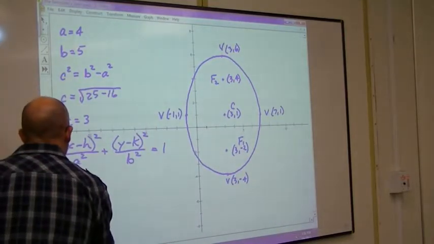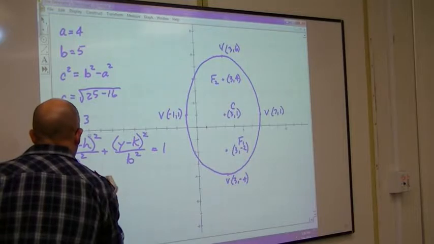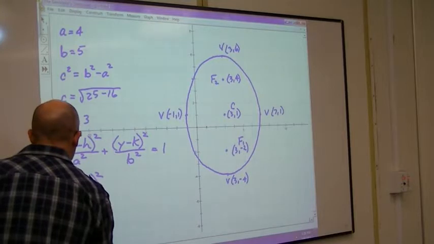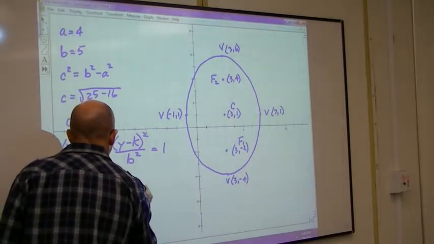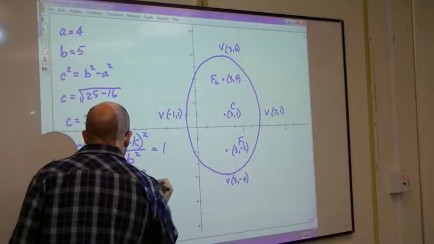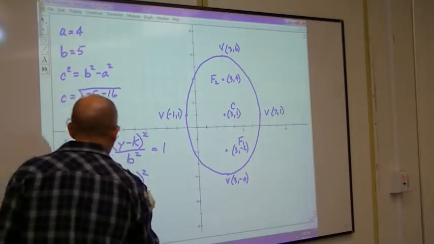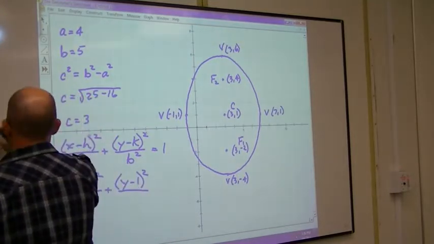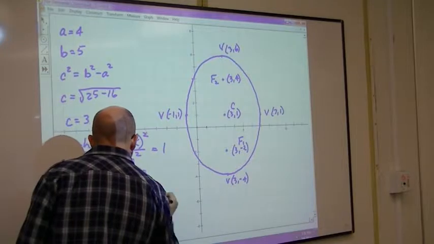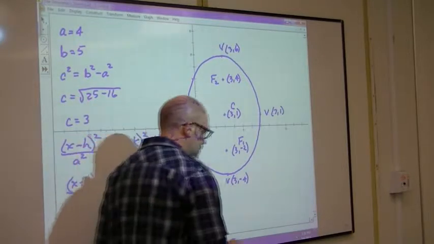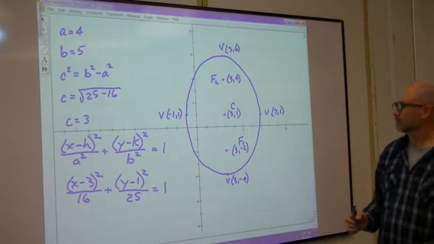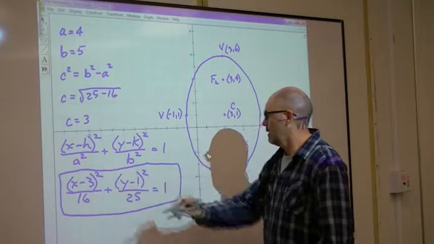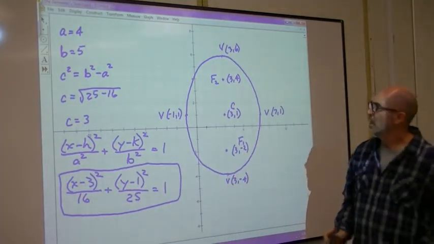That means it's (x minus 3) squared over a squared, which is 16, plus (y minus 1) squared over, I'm sorry, over 25, equals 1. That's it, game over. That's our equation in standard form.